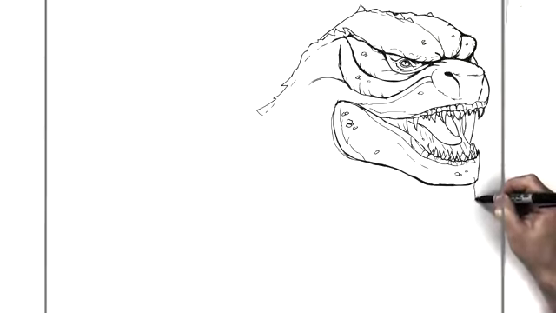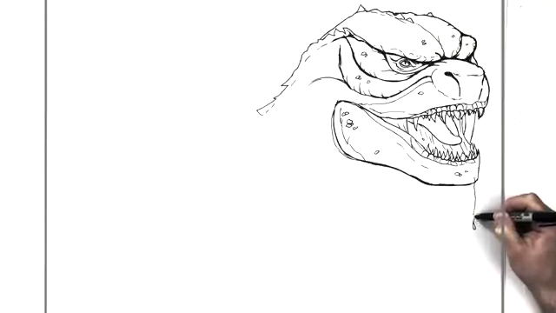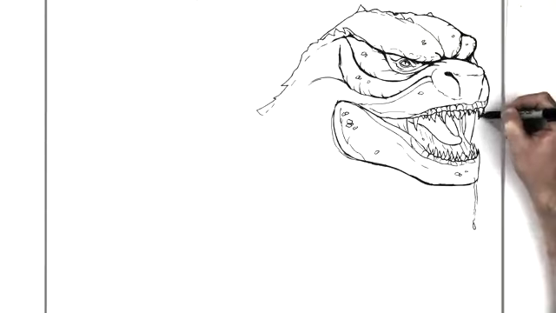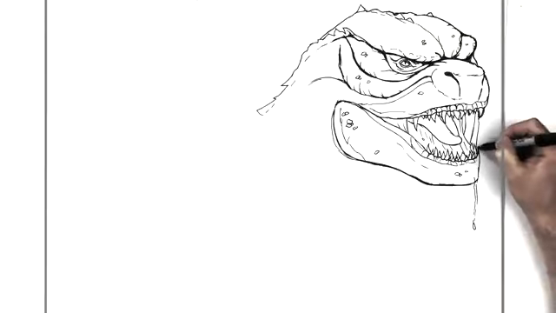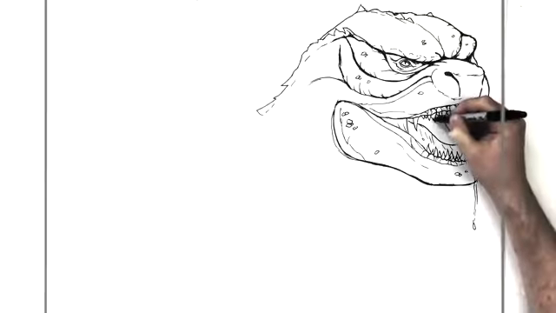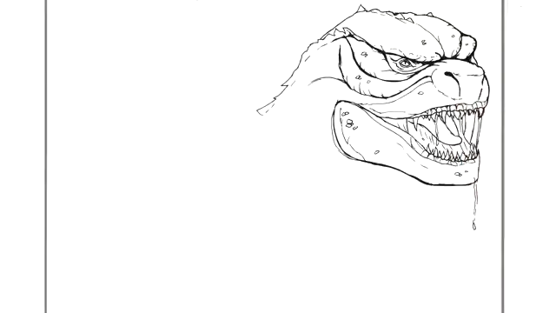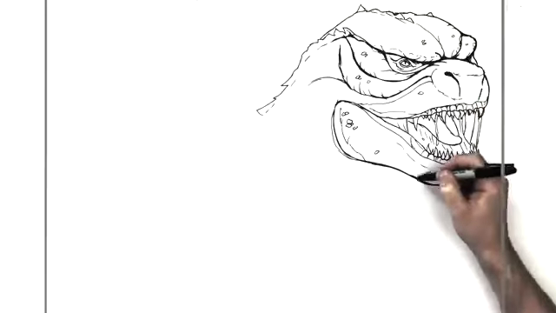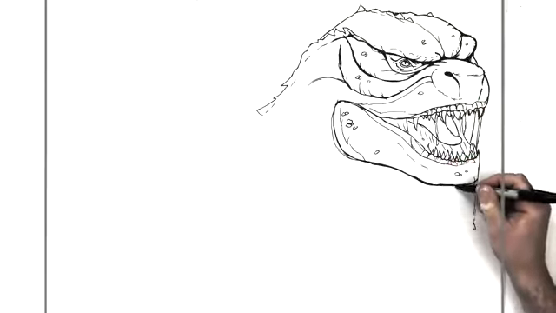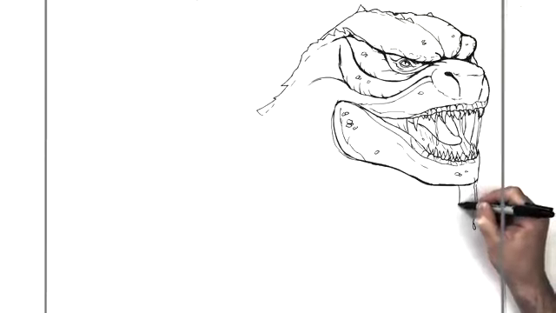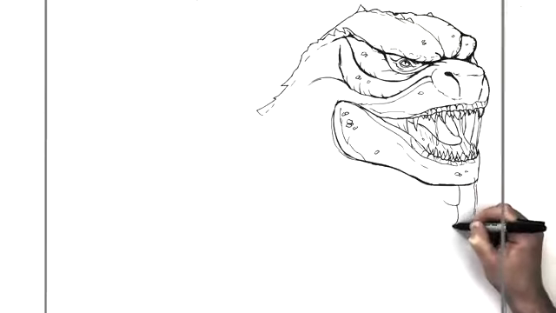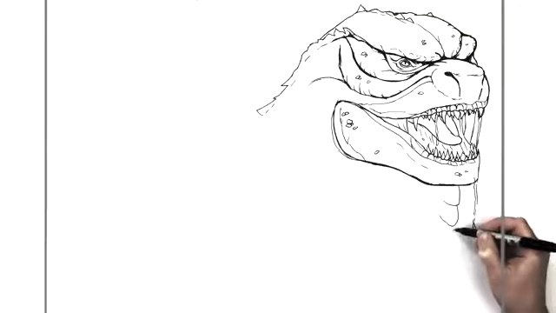I might as well add it. So just a line like that, maybe some coming down his teeth. Like so. And then the front of his neck, right? So it comes down this way, and he's got those sort of, what would you call them?